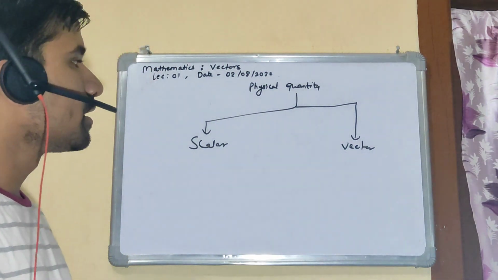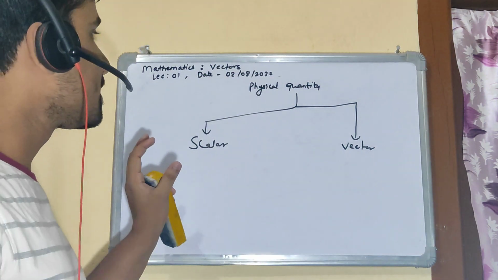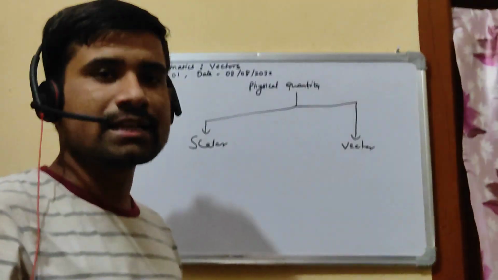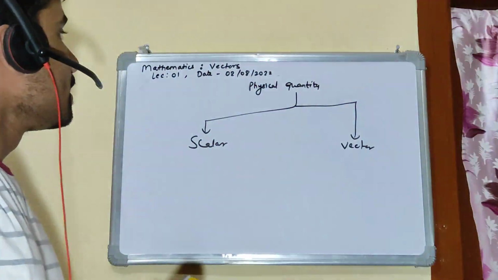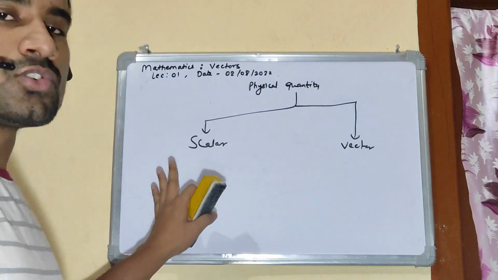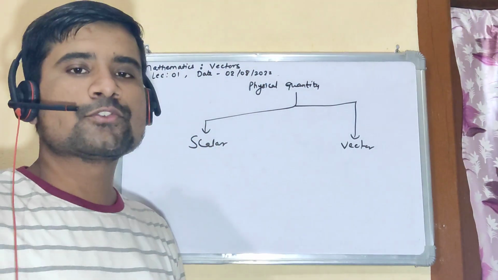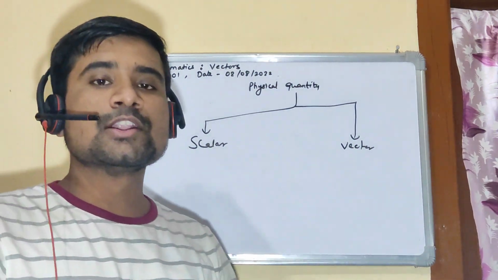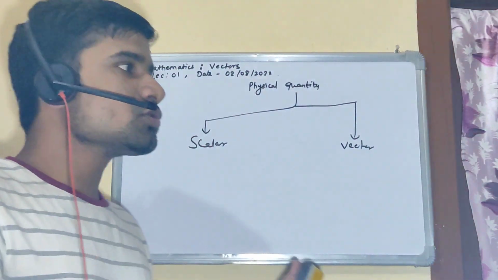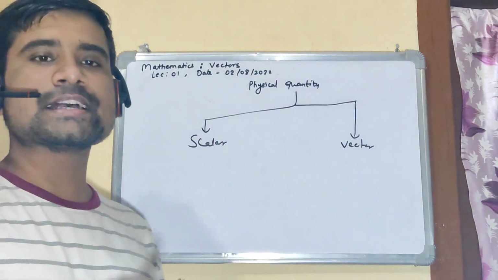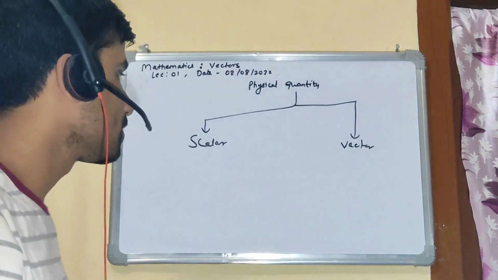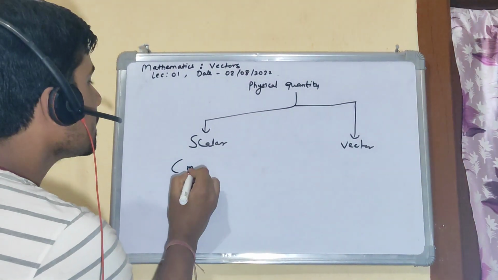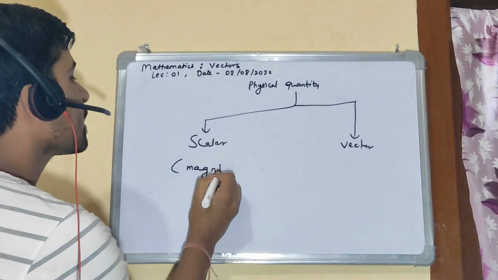You have come across these terms before in your junior standards as well. Scalar quantities are those quantities which have only magnitude. Magnitude is nothing but a numerical value. So scalar quantities are those which have only magnitude or numerical values.